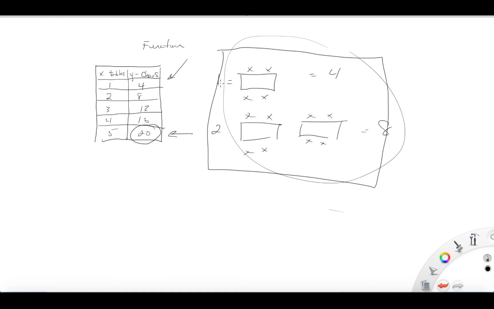I said that if Jamal orders 1 table, then that is going to equal 4 chairs. Okay, so for every, here's the wording, for every table purchased, there will need to be 4 chairs.